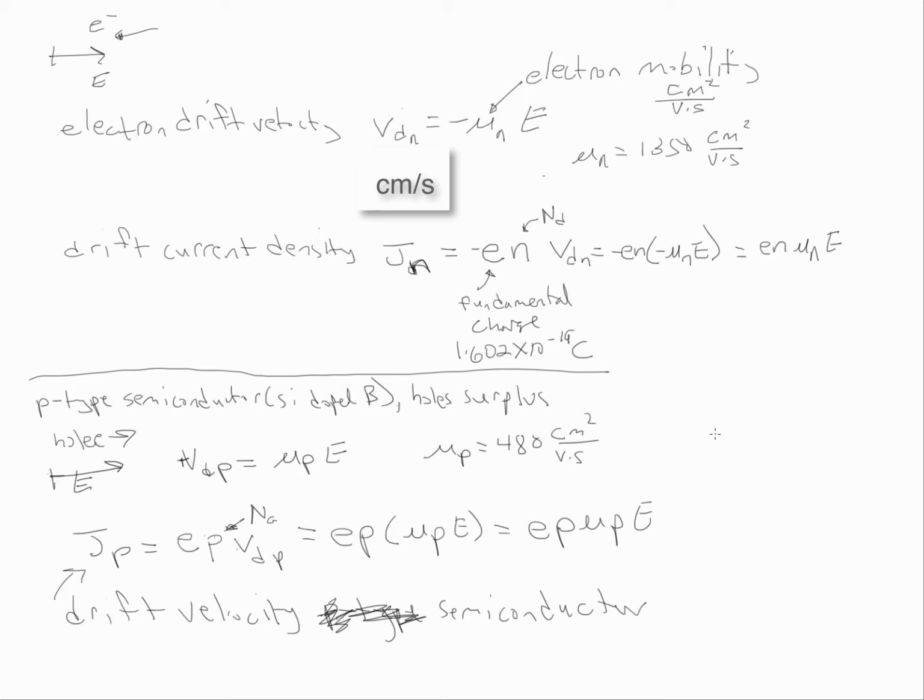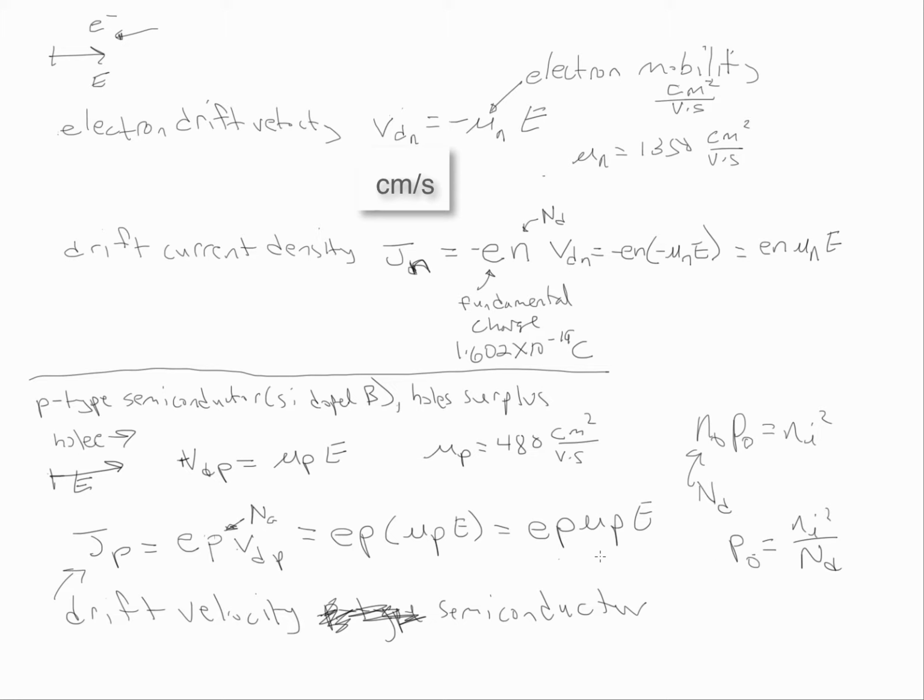Remember, from a previous lecture, we had n0 p0 equals ni squared. And if you had, say, an N-type semiconductor with the excess of electrons, this would be Nd, and then from there you could calculate p0 equal to ni squared over Nd, or basically your holes.